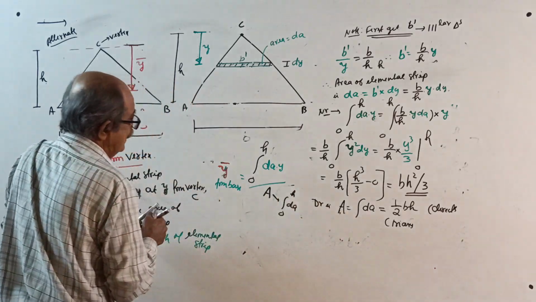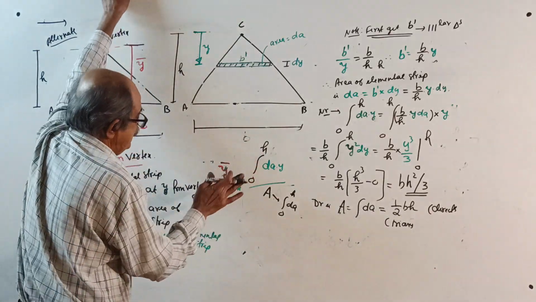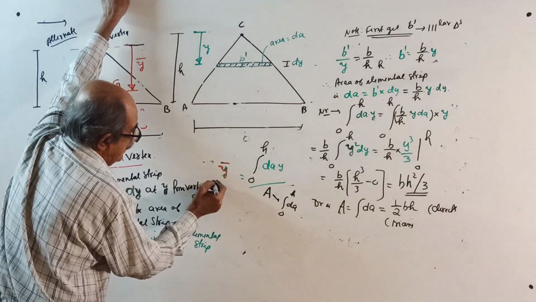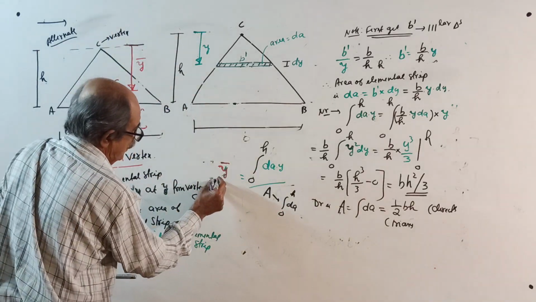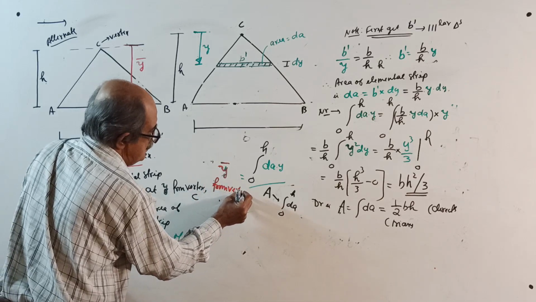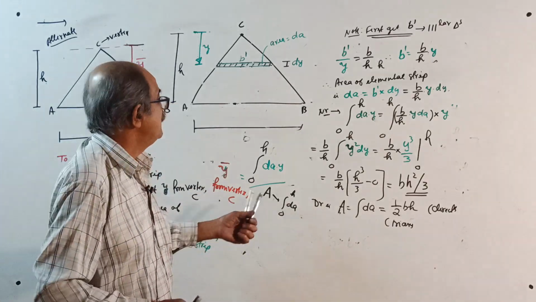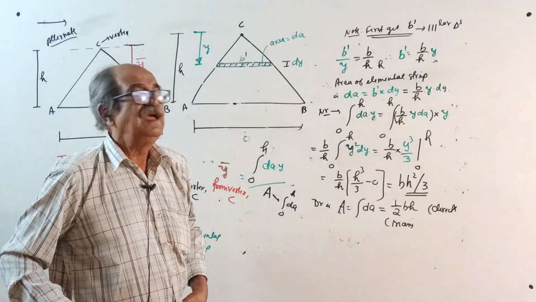I forgot to change it when I did it the second time. You write y bar from, sorry, from vertex C. Vertex C. Make a change. I suddenly saw it there. I rubbed everything but forgot to rub this.